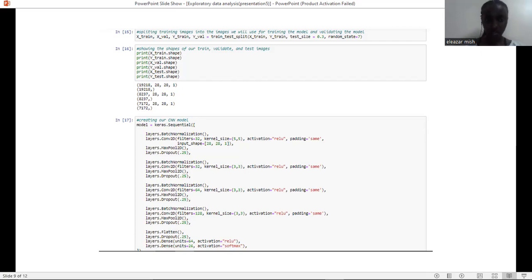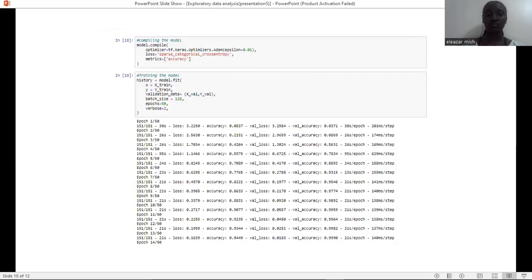And then the next part here was creating a convolutional neural network, the CNN, which I trained and tested. I compiled the model using all this data.